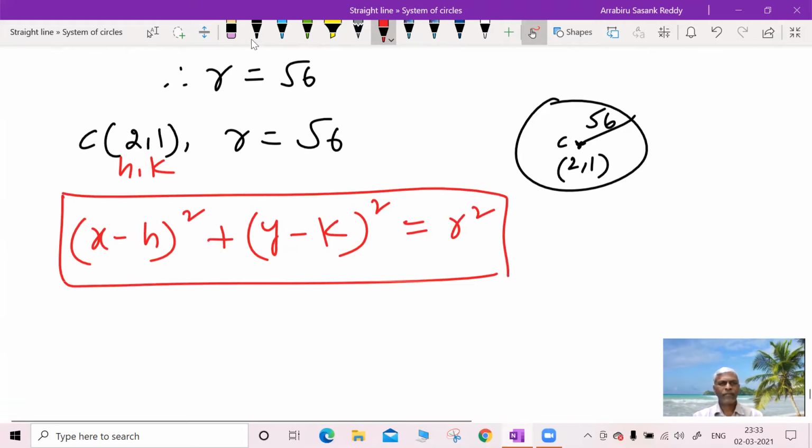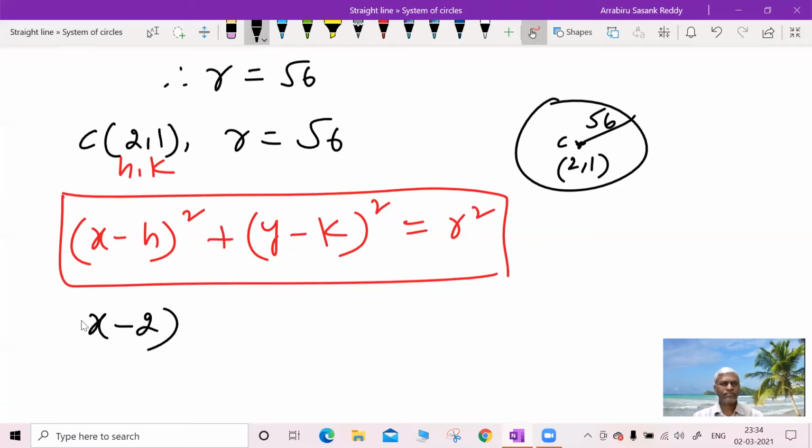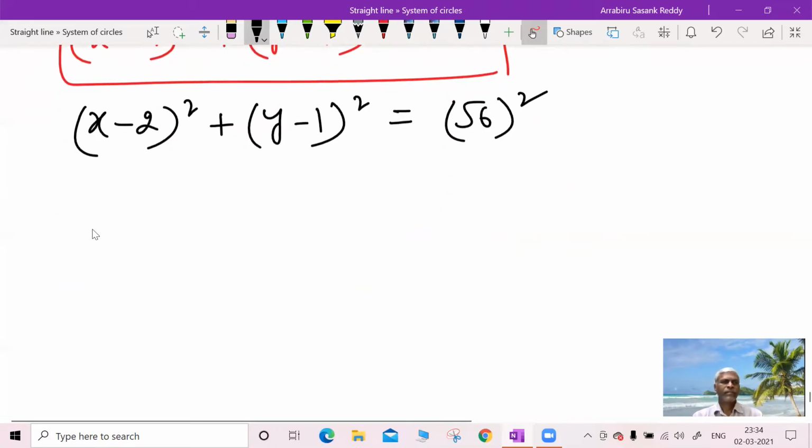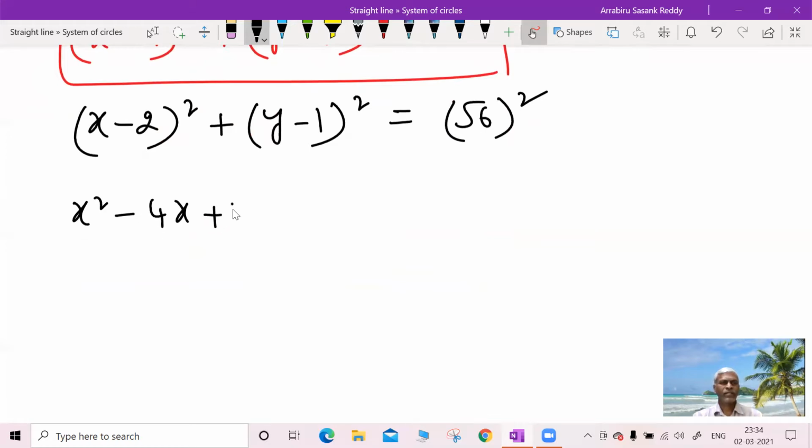Substituting h value 2, k value 1, root 6 square: x square minus 4x plus 4, using a square minus 2ab plus b square, y square minus 2y plus 1, this is 6.